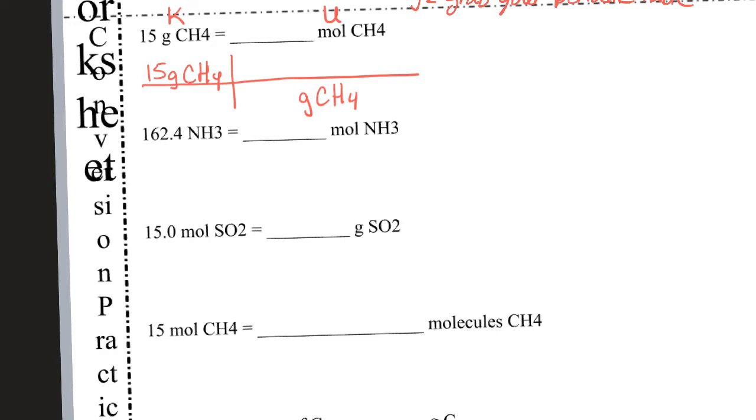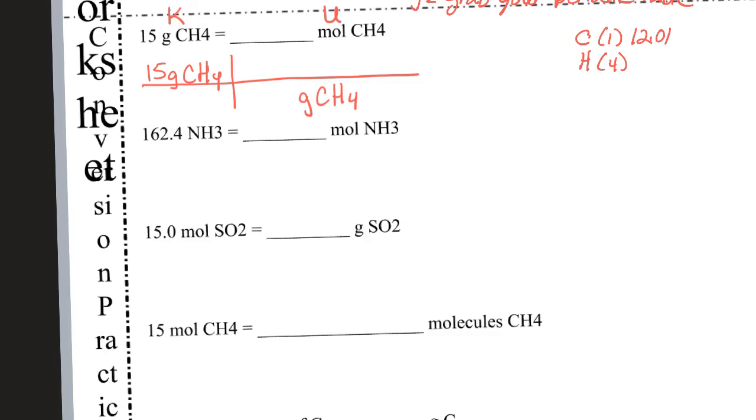So right away we know in order to find out how many grams are in 1 mole, because we're going from grams to mole, I got to calculate that. So I'm going to go over here to the side and show my work. I've got carbon atoms, I've got hydrogen atoms, and I'm going to count them up. I've got 1 carbon atom, I have 4 hydrogen atoms. 1 carbon atom weighs 12.01.